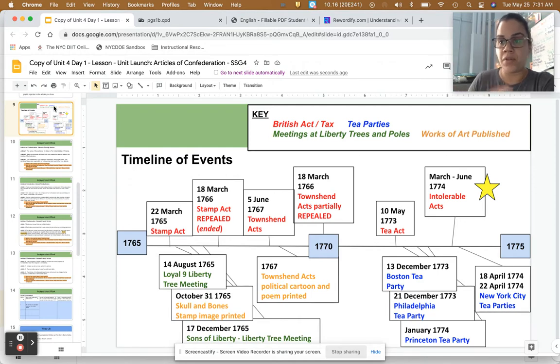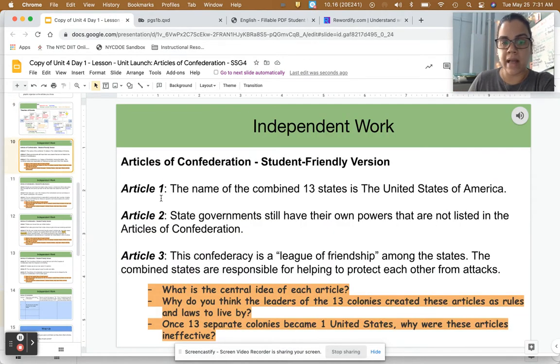The king made all the decisions. So because that happened, I'm thinking Article 2 is saying that we want to make sure the colonies have the power that they didn't have before.